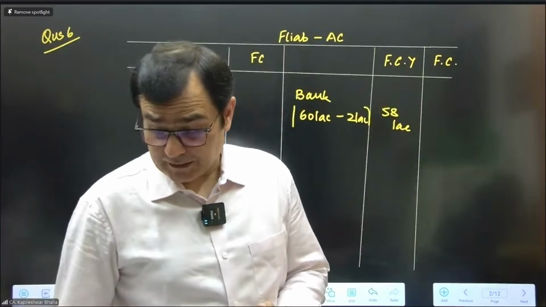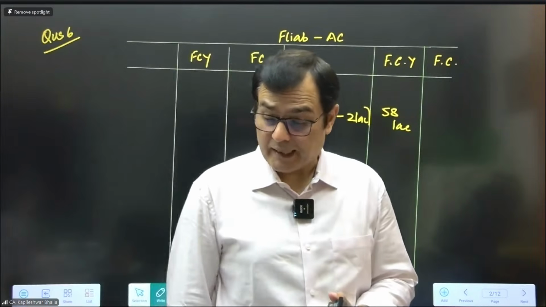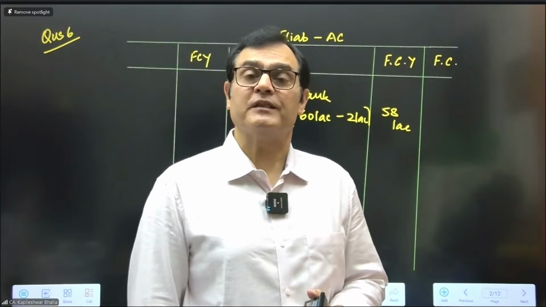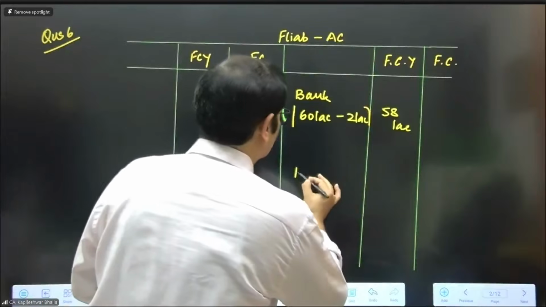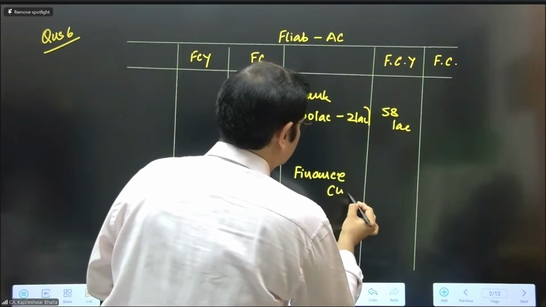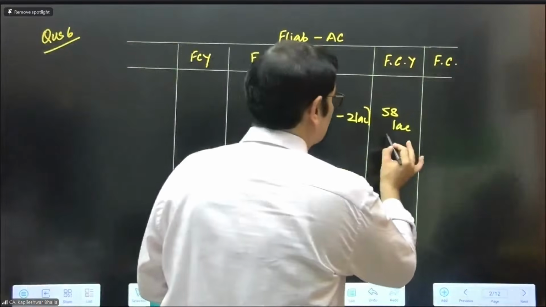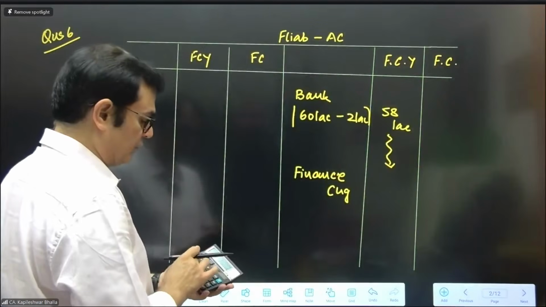Then it says further that interest of 6 lakh is payable annually, starting on March X2. But we're also given the effective interest rate. So when you consider the finance charge, it is supposed to be on the basis of EIR. The EIR is given at the rate of 12%, so on this we take a 12% effective interest rate.